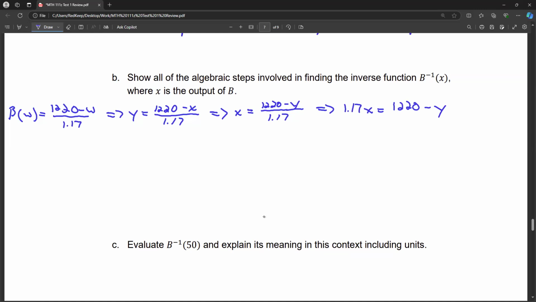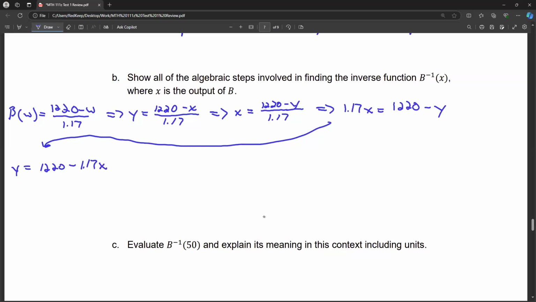And I think we're not too far off here from getting what y is equal to. I'll probably move down here though. So depending on how you like to look at this, y is equal to, and I think I'm going to have to subtract some things and add some others. So I think what I'll get here is y is equal to, I'm going to write this 1220 first, minus 1.17x.